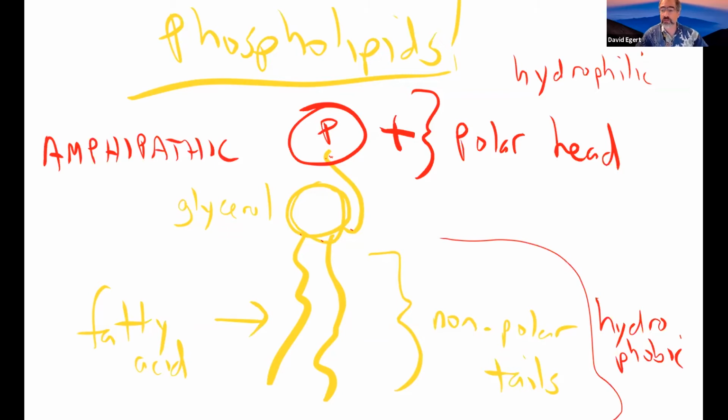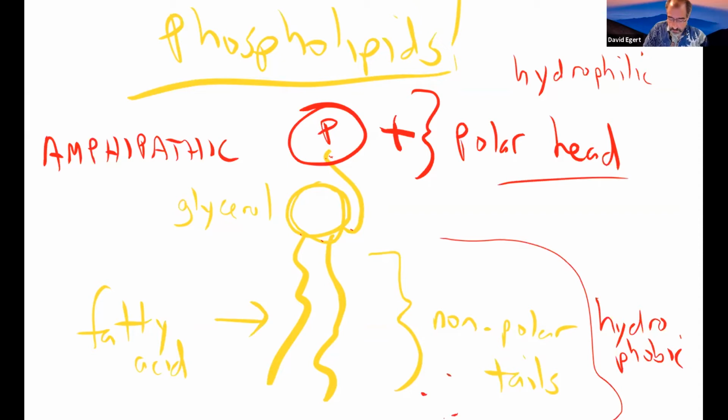Amphipathic means part of it wants to be, like amphibians, in the water and of the land. This amphipathic molecule is of the aqueous solution and of the hydrophobic zone. So part of it wants to be with the water because it's polar.